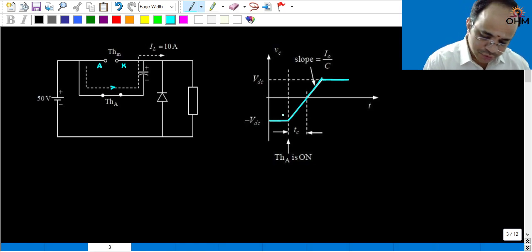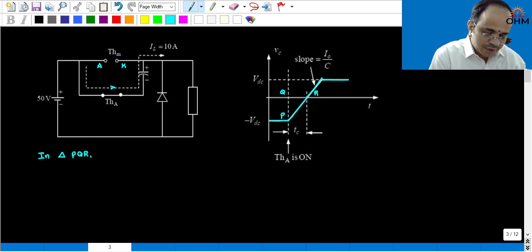Now suppose you take this triangle PQR, you can define it like this. In triangle PQR, if you apply the slope concept, I naught by C is equal to PQ divided by QR.